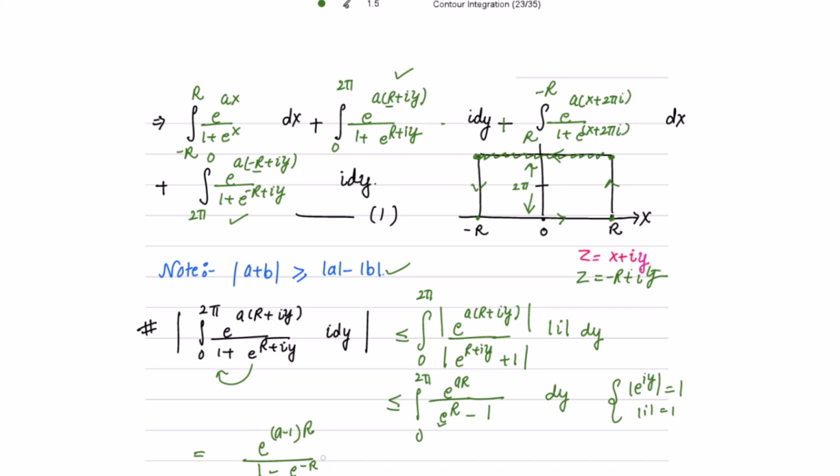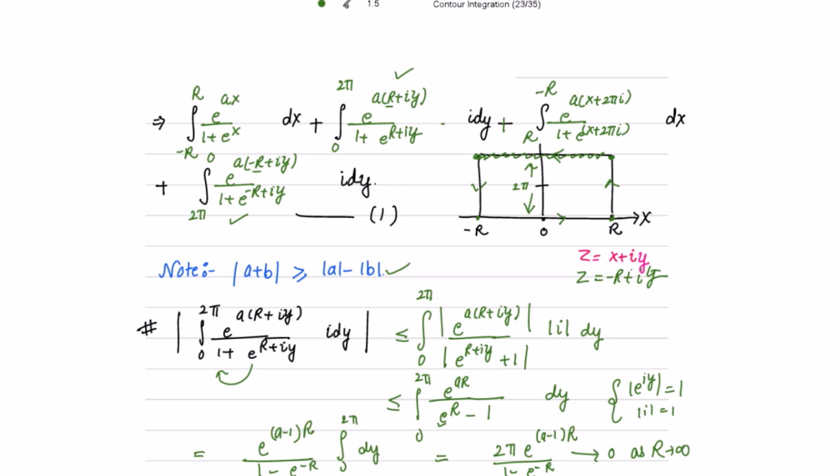And this whole is constant, and integrating 1 with respect to y, which is 2 pi. So this is 2 pi e to the power a minus 1 r over 1 minus e to the power negative r, which is tending to 0 as r tends to infinity. Please check the power.